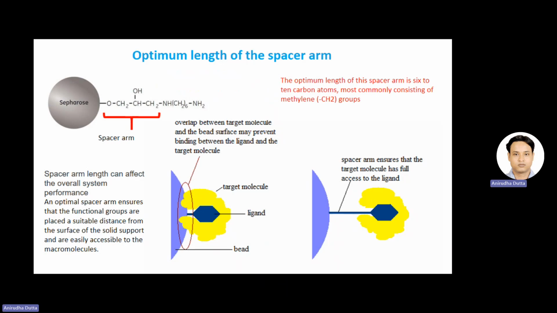So it should be an optimum 6 to 10 carbons long. Spacer arm too short, there would be steric hindrance. Spacer arm too long, it would be highly flexible and prevent proper binding. So an optimum length of 6 to 10 is required for proper binding of protein to the matrix.